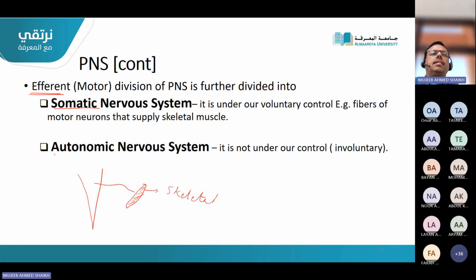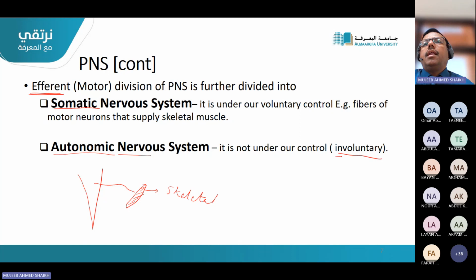Whereas something other than that is called the involuntary system. Can I control the food passing from the esophagus to the stomach? Although it is passing through a muscular tube, these muscles are not in my control. That's why they are called involuntary.